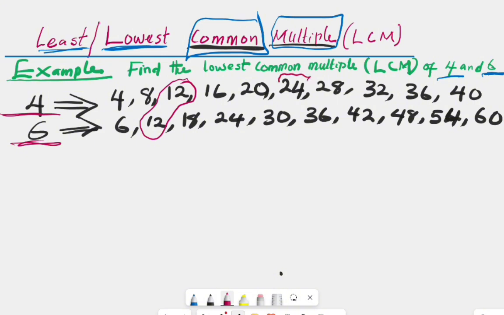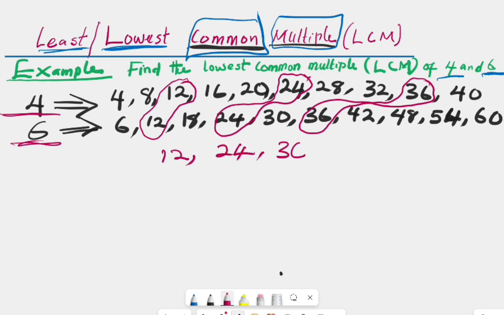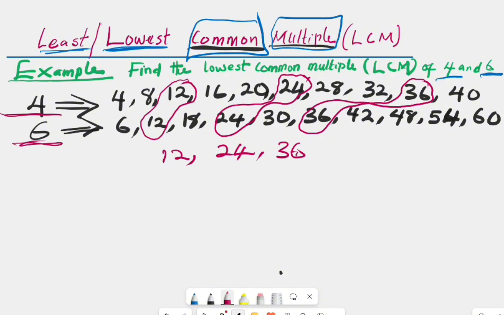We discover 24 again appears in both lines, which is a common multiple, and we still discover 36 appears in both, which is also a common multiple. Then the common multiples here are 12, 24, 36. But that is not the answer.